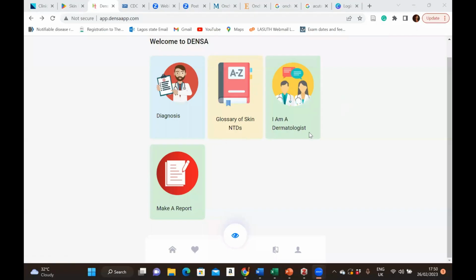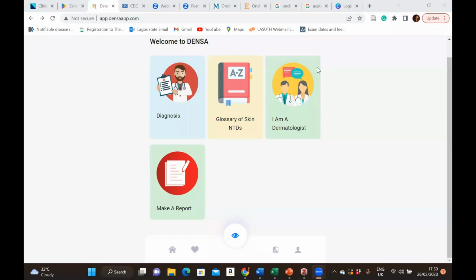Now, just a reminder about the apps that we are working with. If you do have a case, you can actually upload a photograph of something you think is onchodermatitis using this app. For now, that photo will come to me or one of the other facilitators.